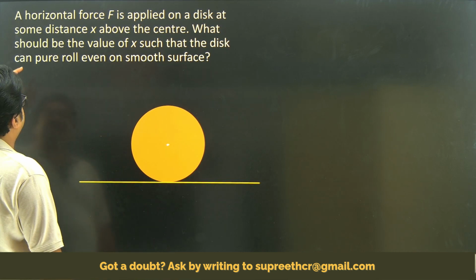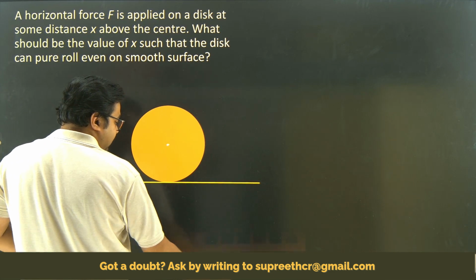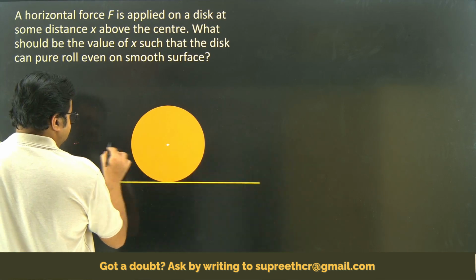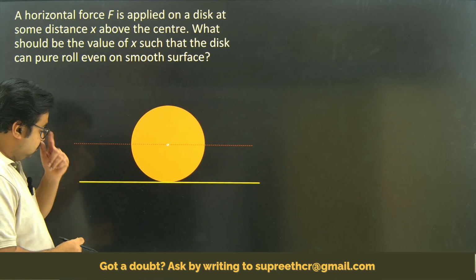The question says that at some distance x above the center, let me just draw a horizontal line passing through the center. Maybe this would do the job, something like that. That is the horizontal line passing through the center.